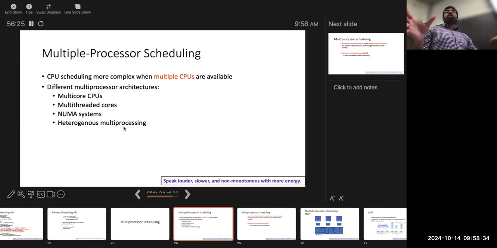The heterogeneous case is that, again, you have, let's say, 4 cores A, B, C, D on the same chip, but they are different in the details of their microarchitecture. Maybe one of them has a pipeline with 5 stages, another has a pipeline with 10 stages. One has an L1 cache of 4 kilobytes, another has an L1 cache of, let's say, 16 kilobytes. One maybe has a prefetcher, the other has no prefetcher, and so on.